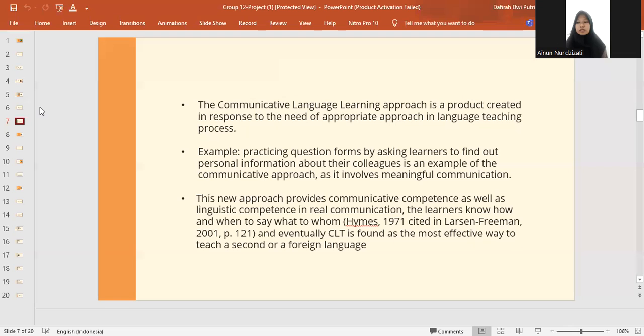As a result, the psychological barrier of fear of making a language mistake is removed and the opportunity to express an opinion is provided. The next material is about the traditional communicative language approach, which will be delivered by Rido Ananda. Rido Ananda, the screen is yours.